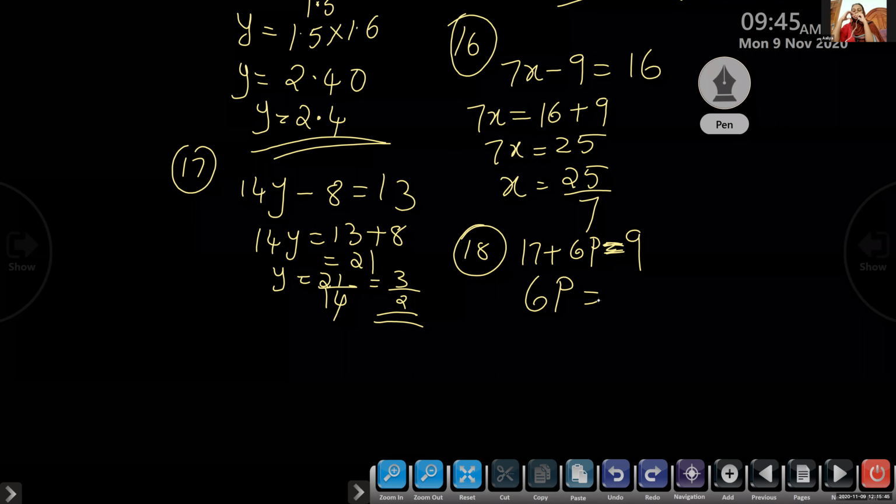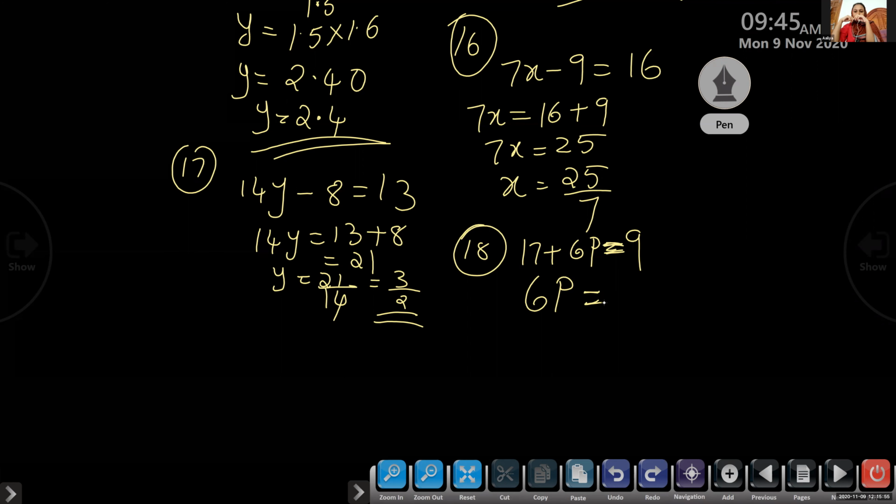How can we do this? 6p equal to 9 minus 17.